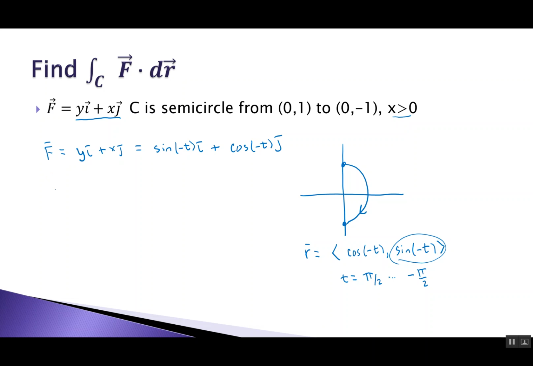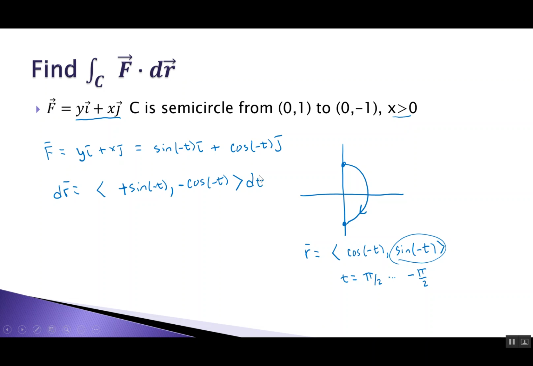The next thing I'm going to do is find my dr. So I'm going to take the derivative of cosine of minus t, which will be minus sine of minus t times a negative 1 for a chain rule, which makes that a plus. And the derivative of sine of minus t will be cosine of minus t times negative 1 for a chain rule, so that becomes negative cosine of minus t. And I'll finish that with a dt because it's a differential, not a derivative.